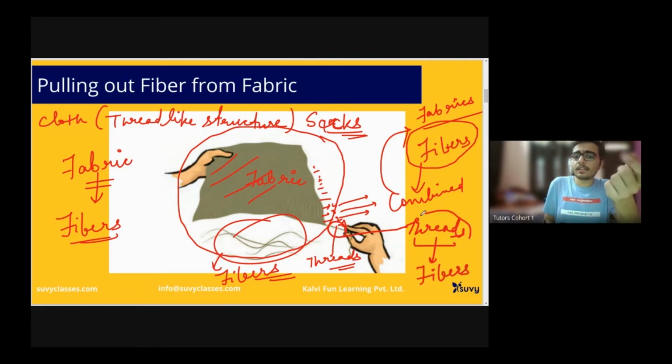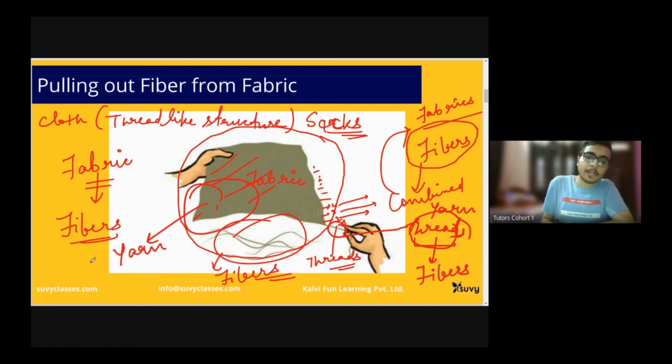And this thread is nothing but yarn. So if this is the fabric, it is made up of yarn, and yarn is made up of fibers.